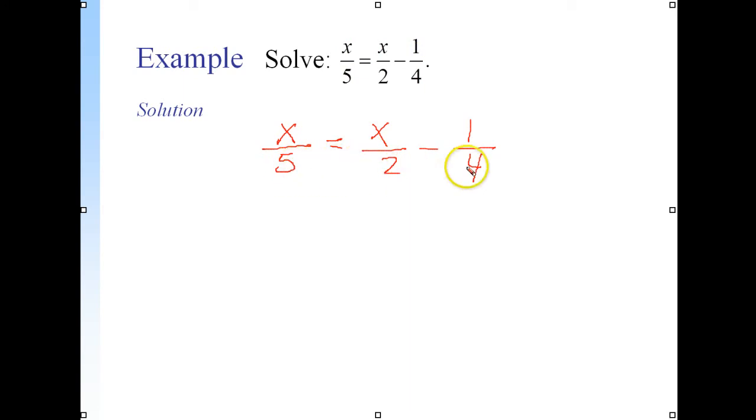What we want to do now is multiply every term in this equation by the least common denominator that will get rid of all of these denominators here. And it happens to be 20. So I'm going to multiply every term by 20.